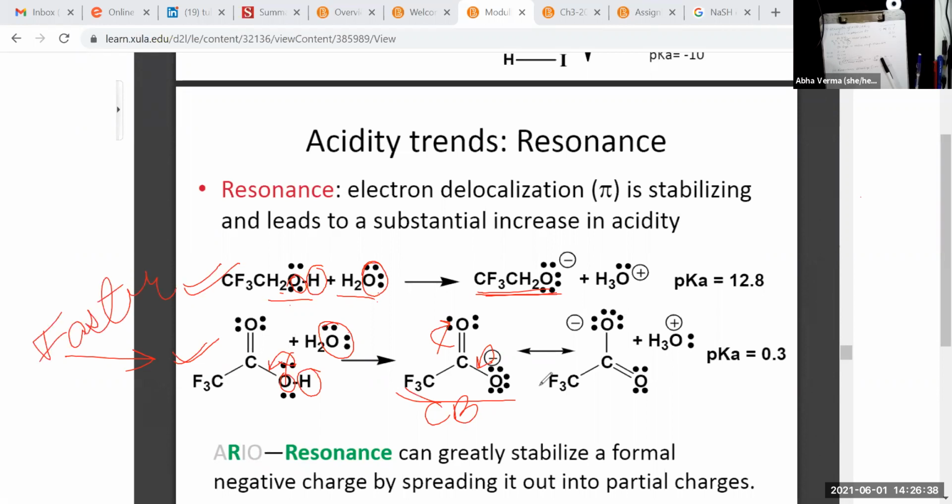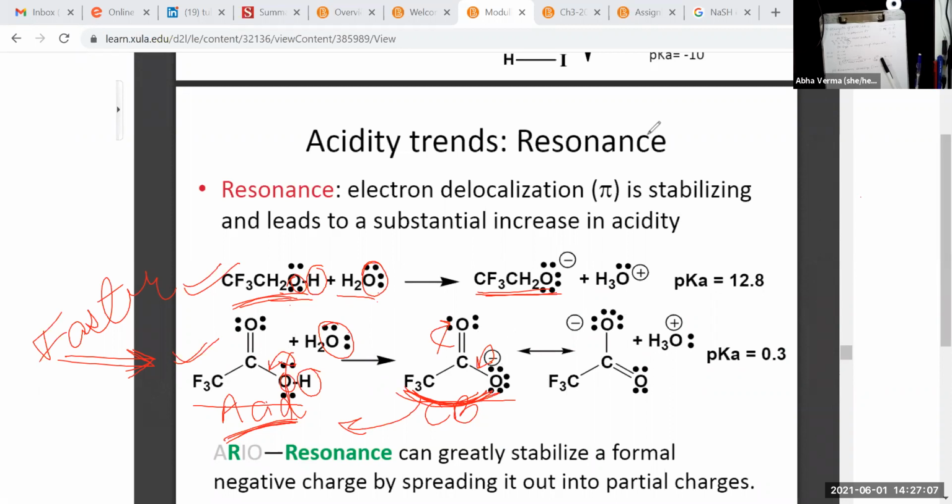Why? Because it has a more stable conjugate base, and hence its starting acid must be very, very reactive, a stronger acid than the acid right here. And so this reaction would be faster, because the conjugate base has been stabilized by the resonance.